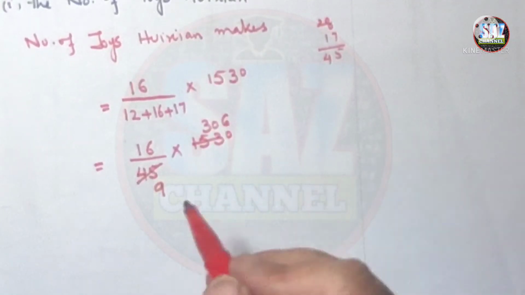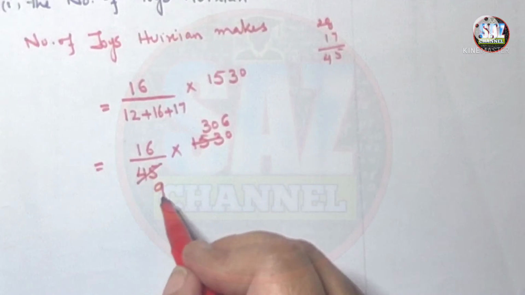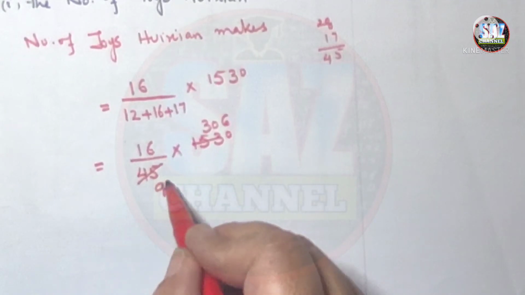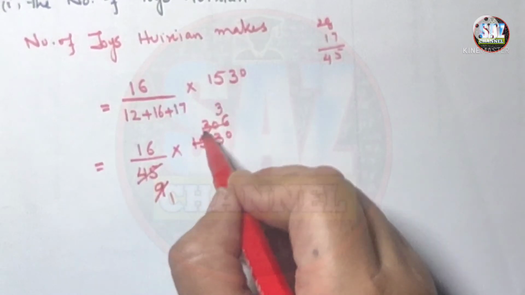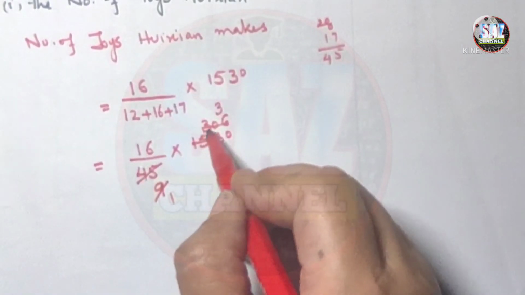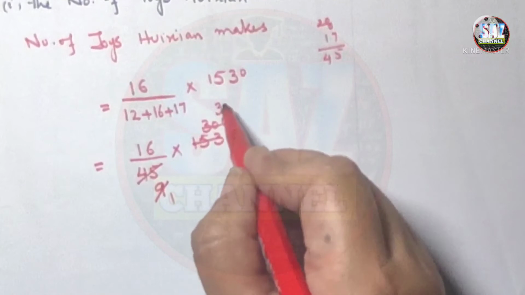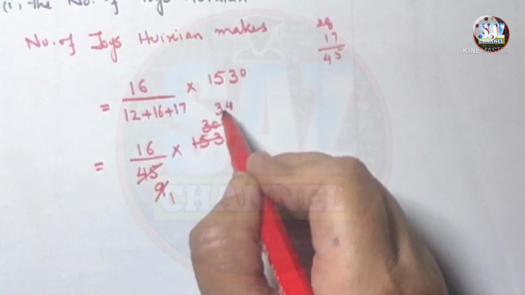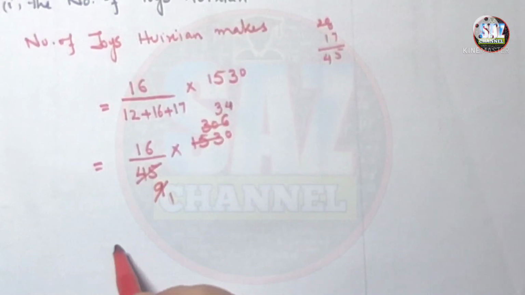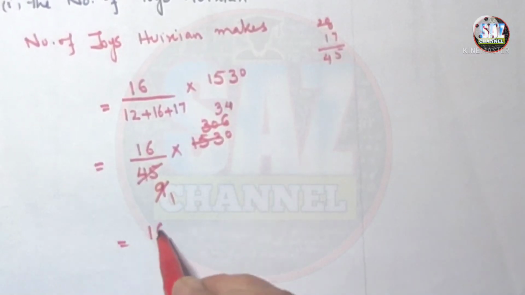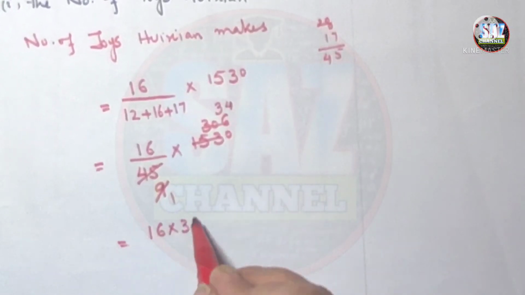Then again, if I'm choosing table of 9, 9 3s are 27, 28, 29, 30, that 3 will be given to 6 and 9 4s are 36. So we will be left with 16 multiplied by 34.